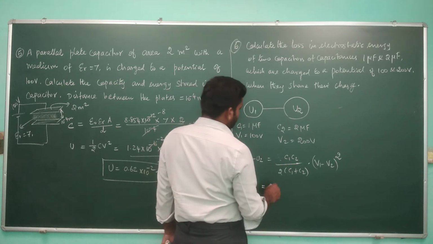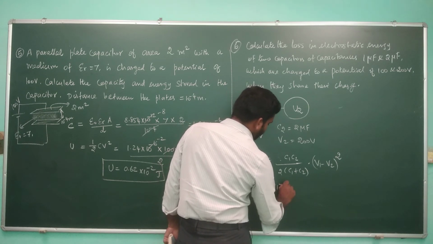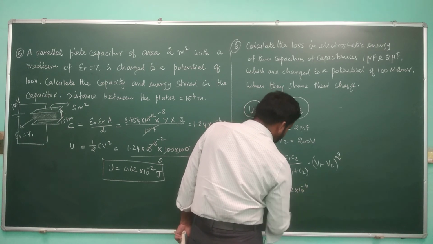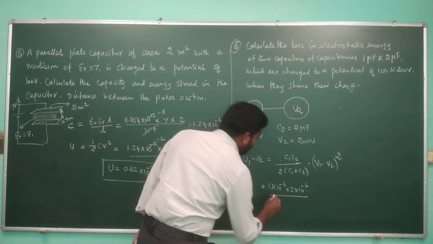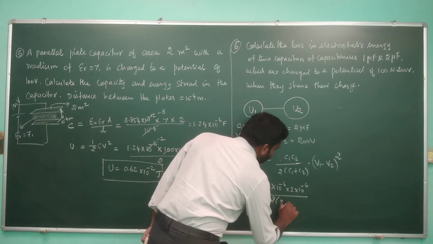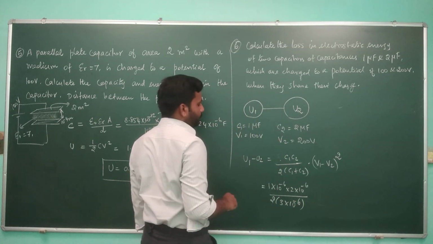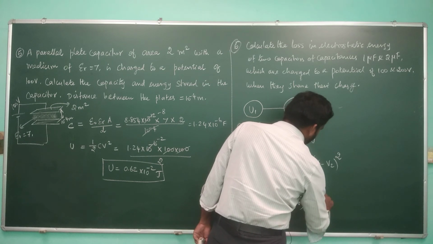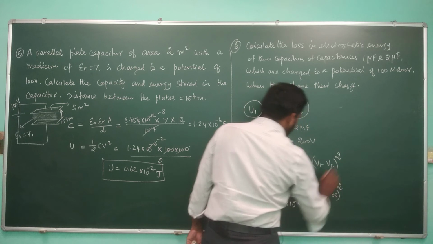That is 1 into 10 power minus 6 into 2 into 10 power minus 6 divided by 2 into 3 into 10 power minus 6, because 1 plus 2 is 3, multiplied by 200 minus 100 square.